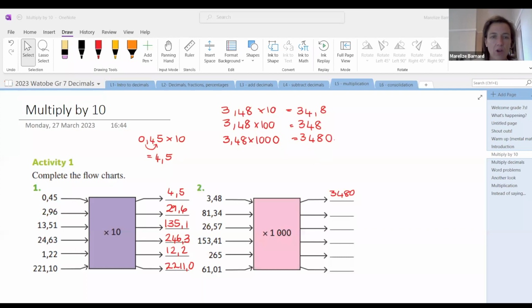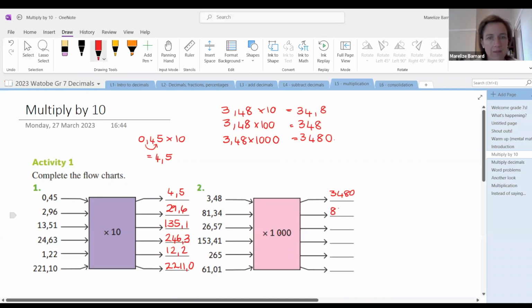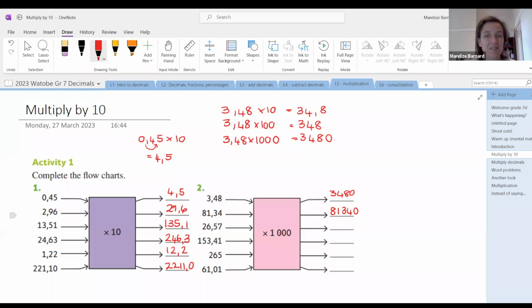So 81.34 times by 1,000, what will we get? 81,340, because we're going to move the comma 1, 2, 3. We're making the number 1,000 times bigger, so we move the comma to the right.